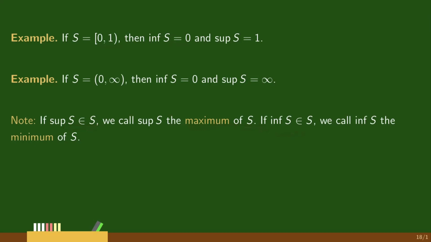We would rather call it the minimum instead of just infimum. Kumbaga yung infimum or supremum, yun yung generic. Kapag yung least upper bound mo ay nasa loob ng set, hindi lang siya least upper bound. It's in fact the maximum of the set. And kung yung greatest lower bound mo nasa S, hindi lang siya greatest lower bound but also a minimum.